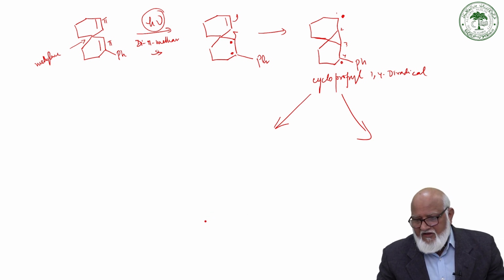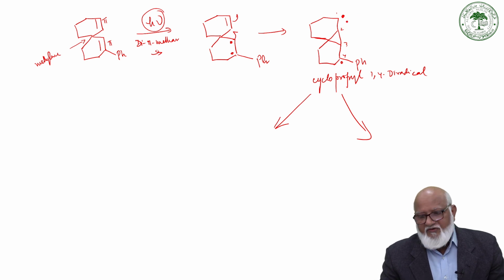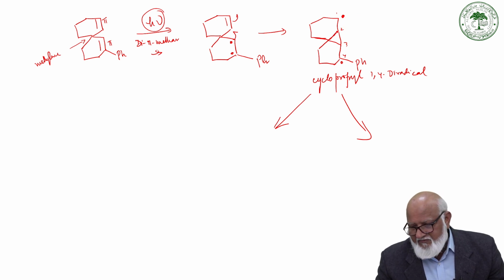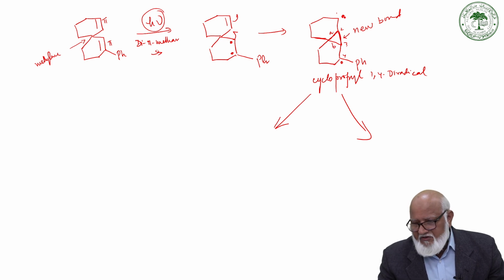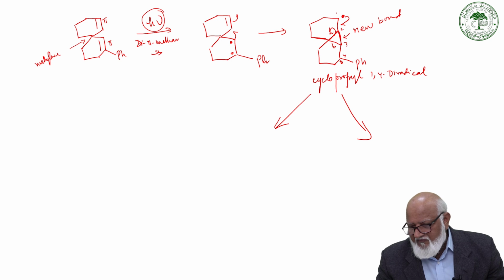So the next step is the formation of the double bond and the cleavage of the cyclopropyl ring bond. Say, this is the new bond formed, and this is the old bond, A and B. There is a competition between the formation of a double bond here and cleavage of this, or formation of a double bond here and then cleavage of this.